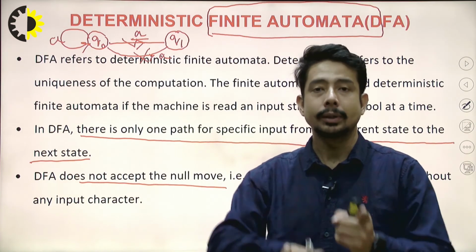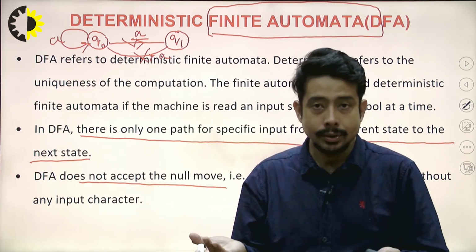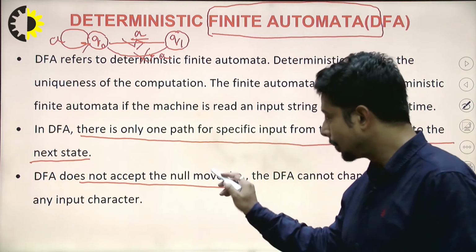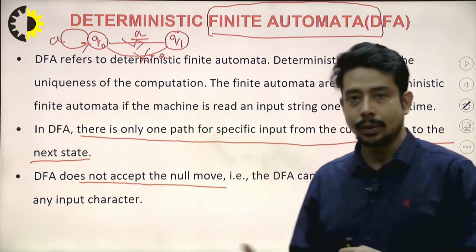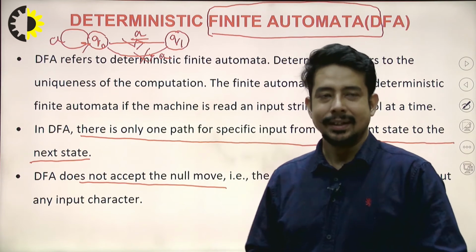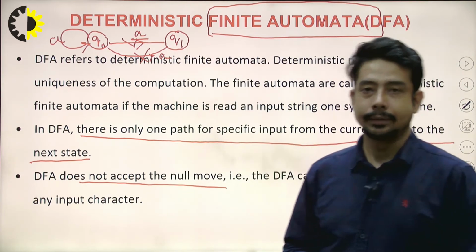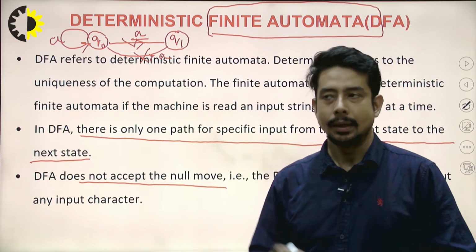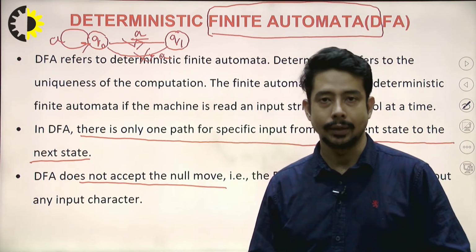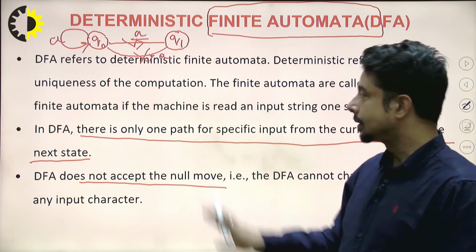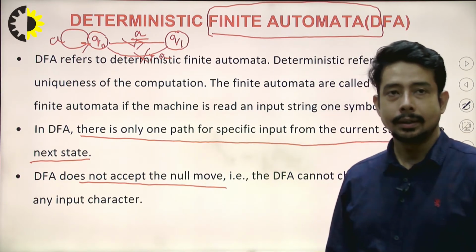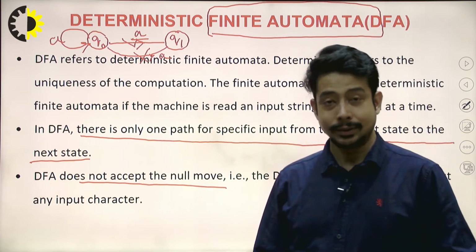Not less means there is no transition, so a null move cannot be accepted. Null move means null transitions, zero transitions, or void transitions, empty transitions. So this is all about the DFA definition. Later on, after completion of NFA, we will do some equivalence of DFA and NFA. But as of now, this is the main definition of DFA. Let's go into the next slide.